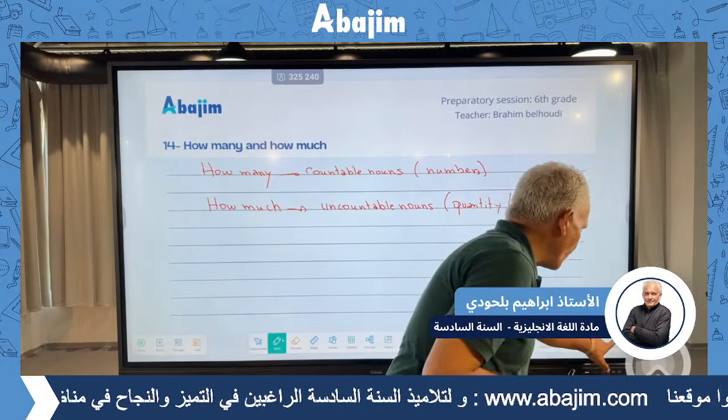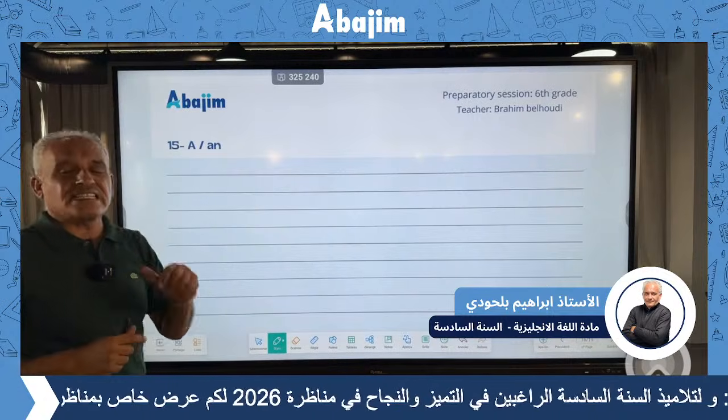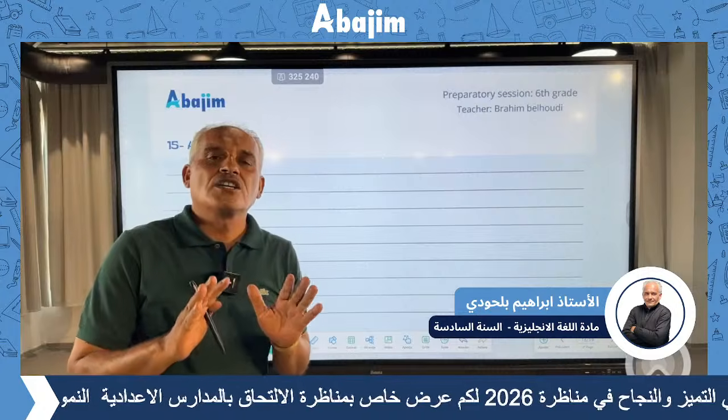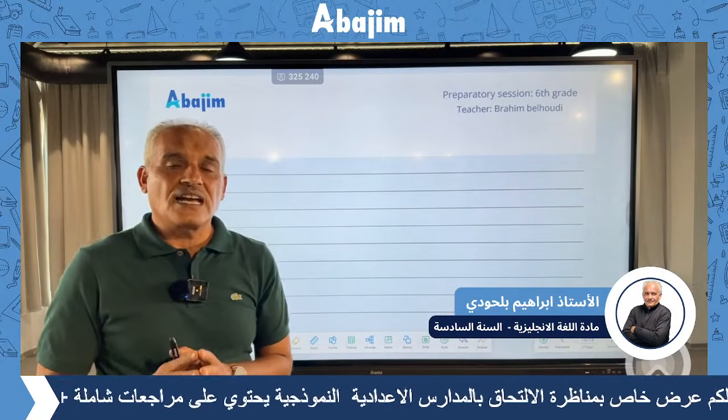I pass to the following heading, which is a and an. They are indefinite articles, and they are usually used with singular nouns.